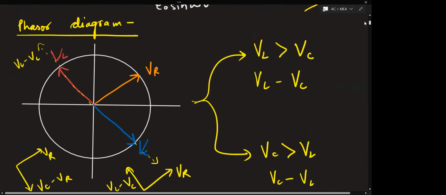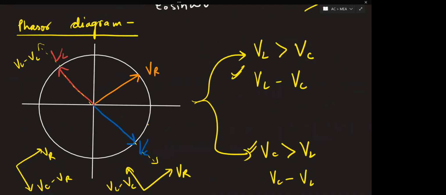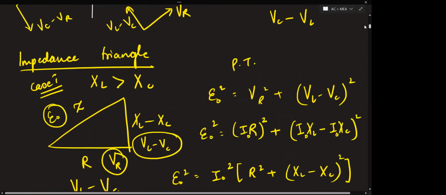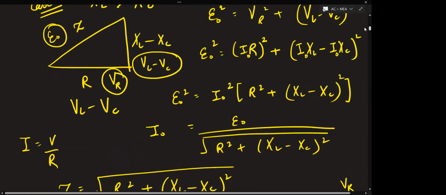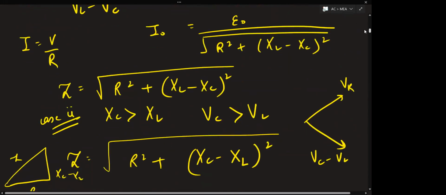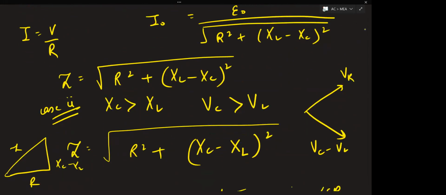Now, the phasor diagram depends on which case it is. Draw the resultant here or here, whichever is dominating. That you will see when we do questions. The derivation of impedance is done with the help of the impedance triangle. You get the formula under root R square plus XL minus XC whole square.